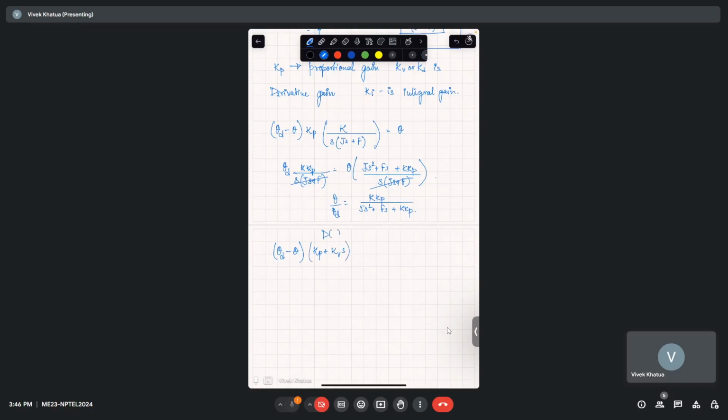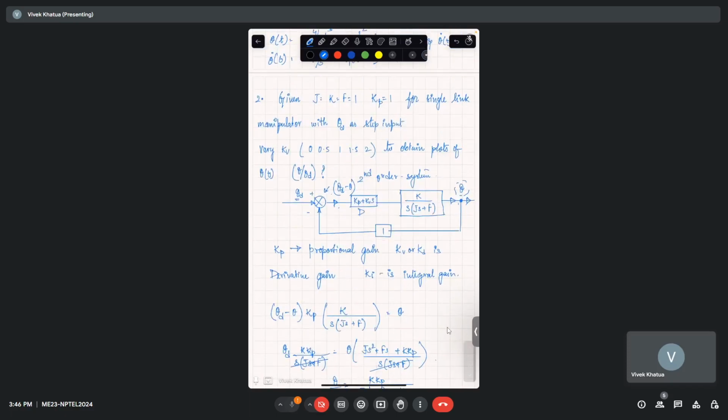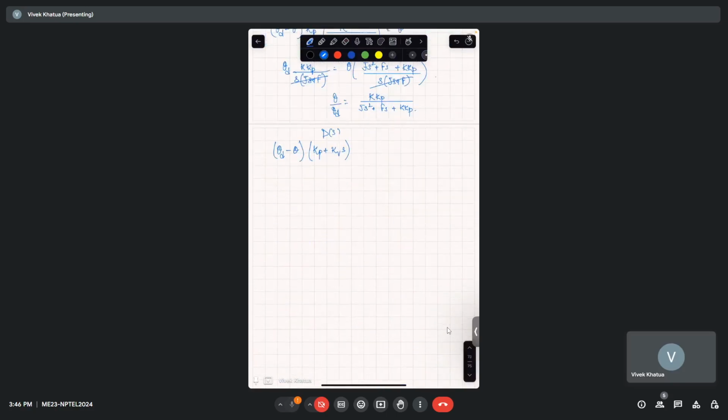This is your D of s, your controller transfer function, so that is what will get added here. This is G of s, your transfer function, or else you can say TF of s, whatever suits your liking. So this is your controller transfer function times K divided by s(Js plus F), which is equal to theta.